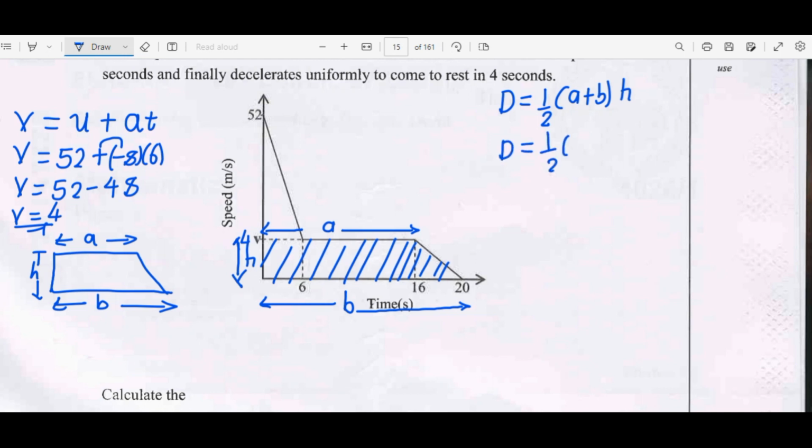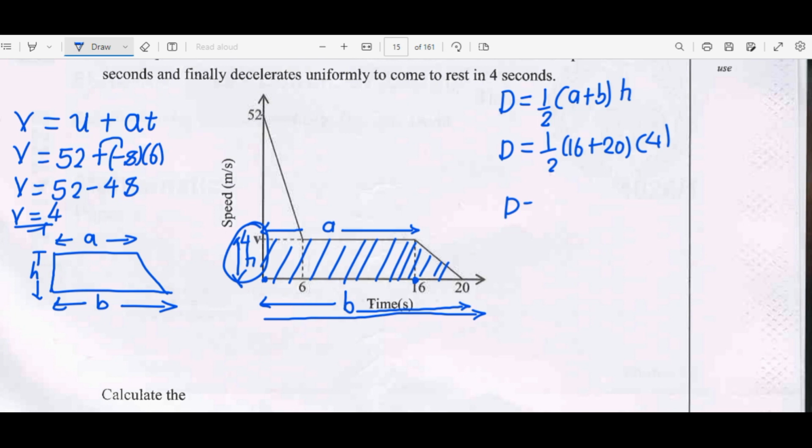What is the value of a? What is the number from this point up to here? So we have 16 plus our b, which is taken from this point up to this point, which is 20. Then our height is this number here, which is 4.